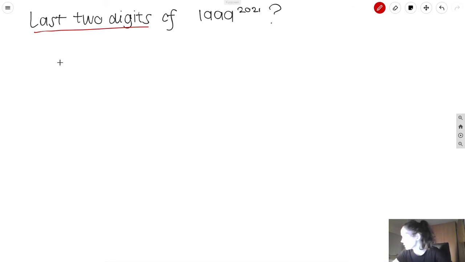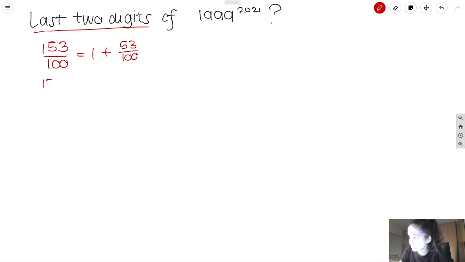So say we had 153. So 153, if we divide that by 100, we're going to get 1 plus 53 over 100. Or we can say 153 is going to be equal to 100 times 1 plus 53.